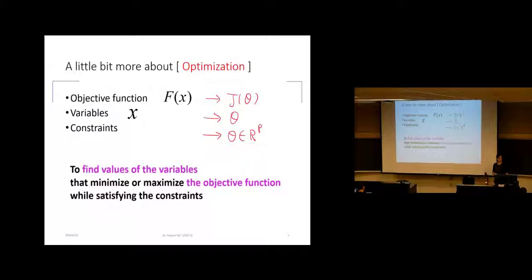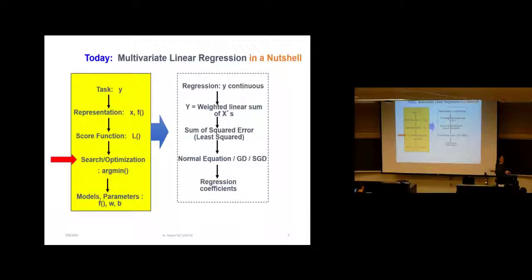All right, so let's come to a little bit more general. So we talk about in the nutshell, whatever task, you want to formulate it as some kind of scoring function. And in our linear regression case, it's the sum of squared error, which is the prediction f on each sample versus the true value y.